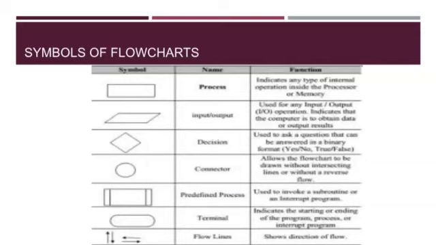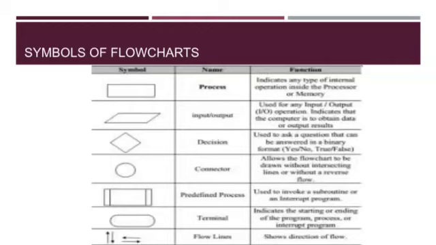The next symbol is input or output, used for input or output statements. The diamond shape symbol is used for decision; it is used to check the condition. The rectangle is used for process, to represent calculations and storing instructions.